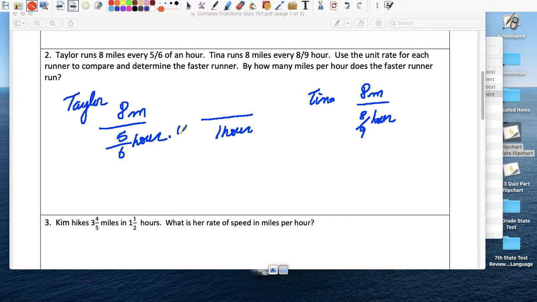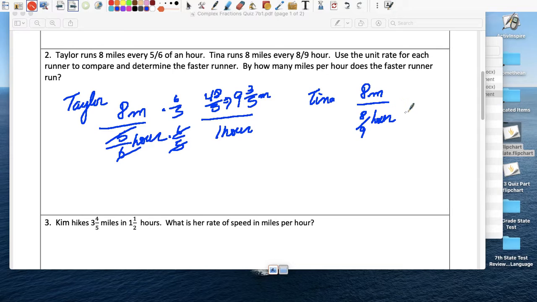Or if you want to write 6/5 times 8, that just makes it easier because we can simplify that to 1. And then over here we have 48/5, which we change to a mixed number, and that's 9 3/5, right? So 9 3/5 miles in 1 hour, which is not that bad.